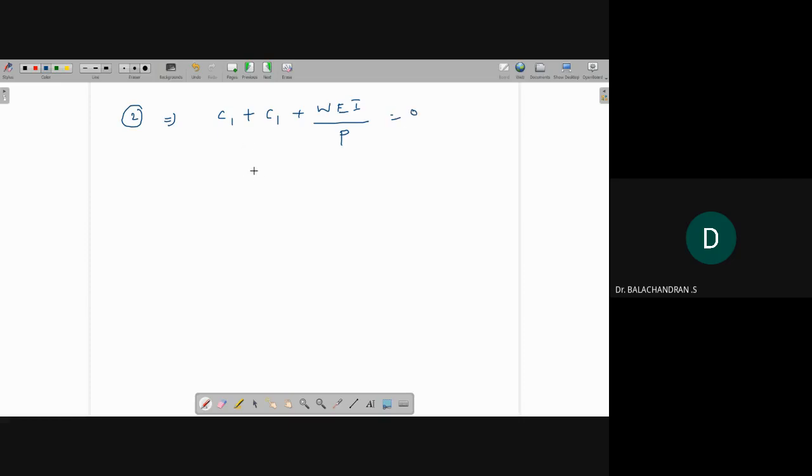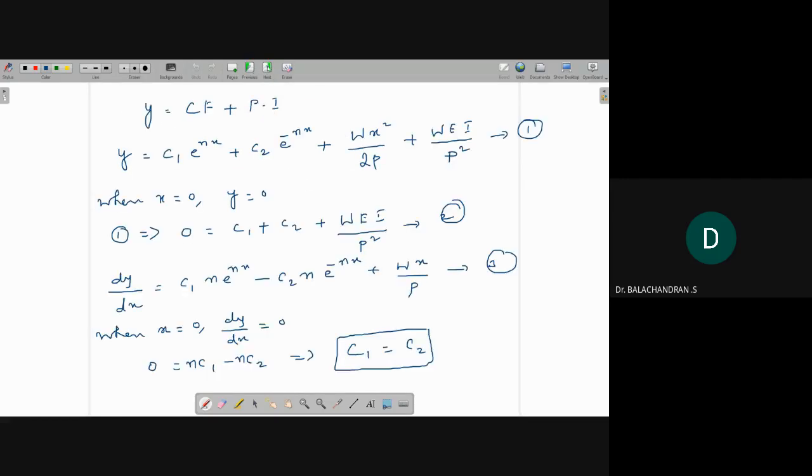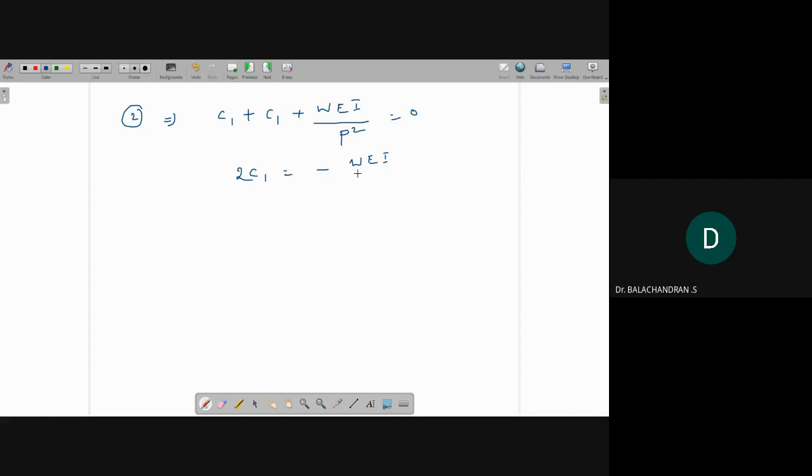From this, 2C1 equal to minus w EI by p square. Okay, so C1 equal to minus w EI by 2p square, which is equal to C2, because we know that C1 equal to C2.